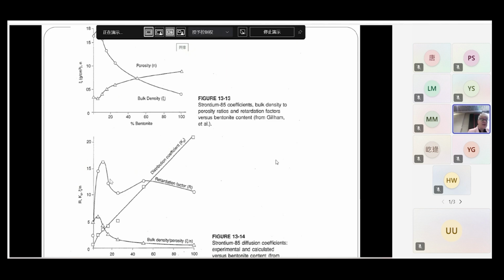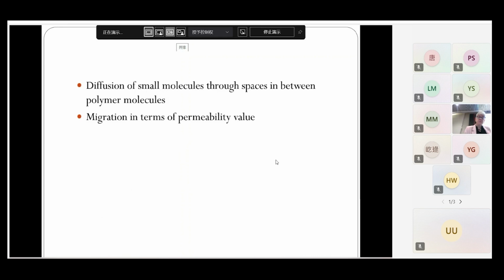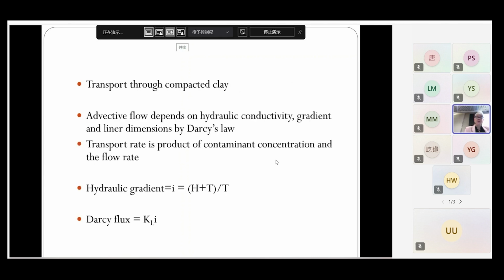But there is a limit in terms of maximizing the retardation, because that's what you're trying to do. The ultimate percentage of bentonite that you would like to use is approximately 10%. Bentonite will give you the optimal absorption capabilities.